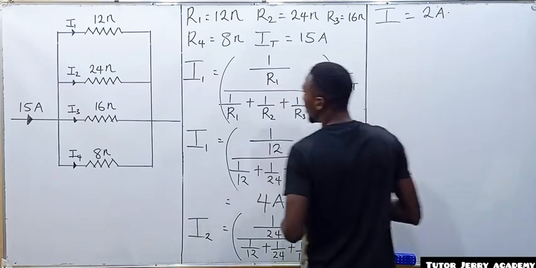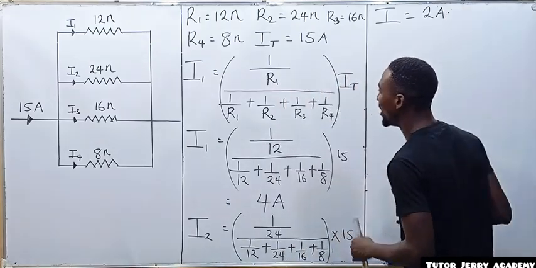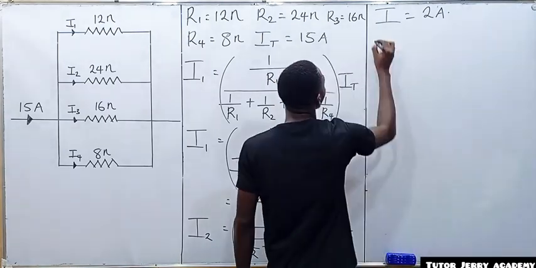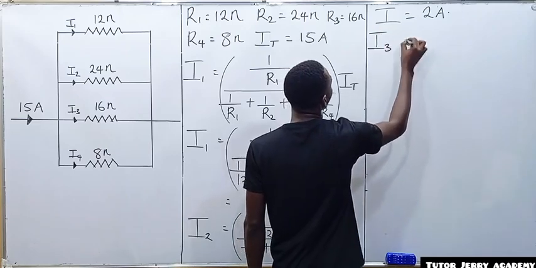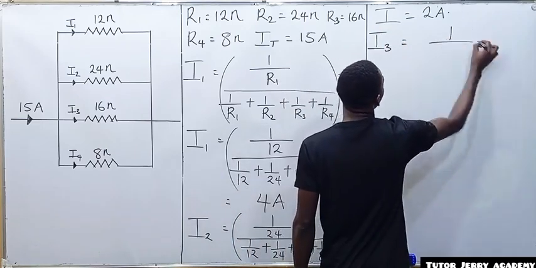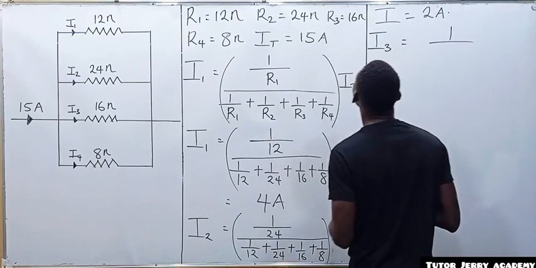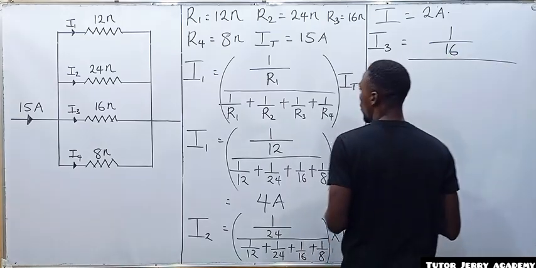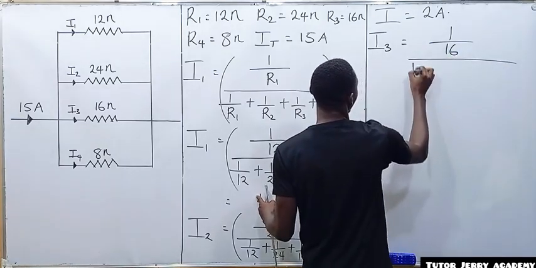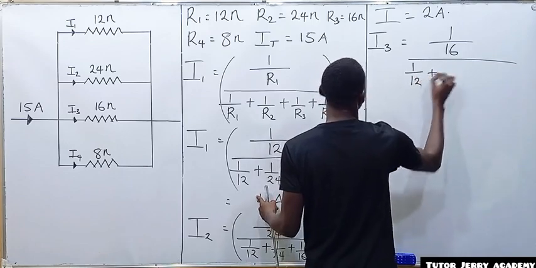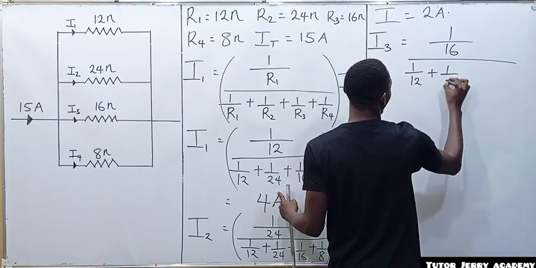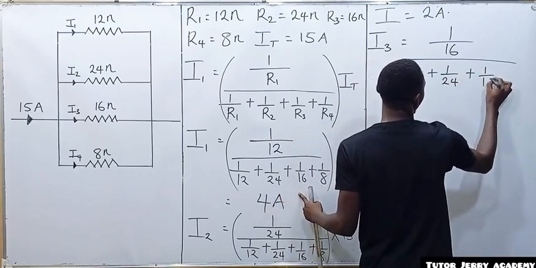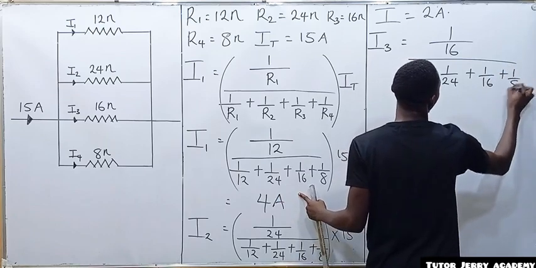All right, so now we want to look for I3. Again, this is going to change to 1 over R3. So I3 will be equal to 1 over R3. R3 is 16, so 1 over 16, all over 1 over 12 plus 1 over 24 plus 1 over 16 plus 1 over 8.